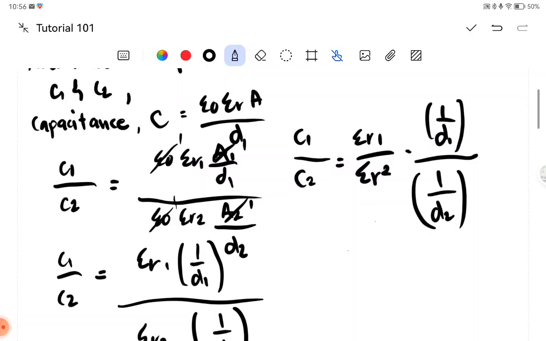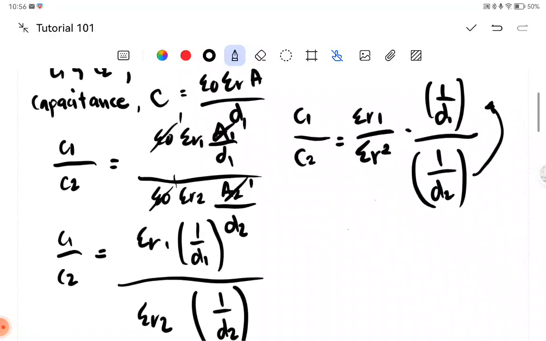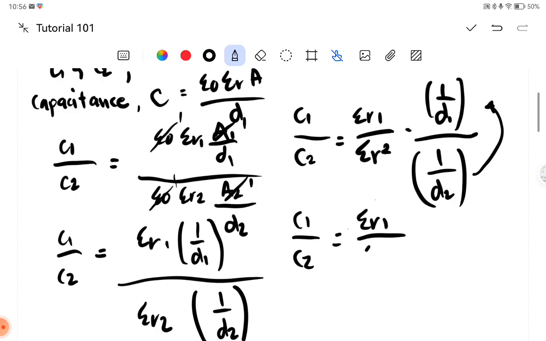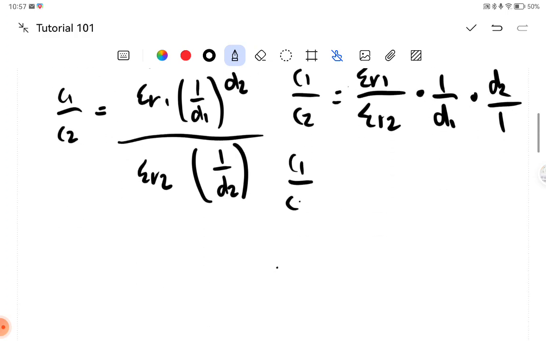So, I want this denominator to go up in the numerator. So, what will I do? We will be just using the reciprocal. So, we will have C1 over C2 is equivalent to ER1 over ER2 multiplied by 1 over D1 multiplied by D2 over 1. So, by multiplying it, we will have C1 over C2 is equivalent to ER1 over ER2 multiplied by D2 over D1.